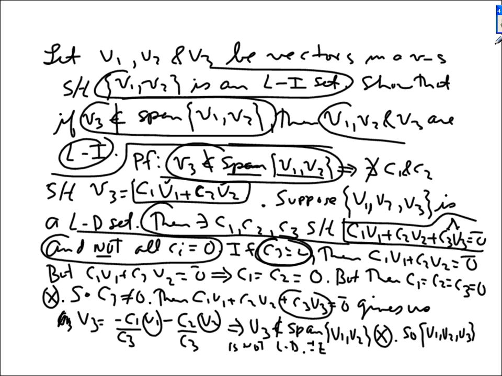That is, V1 to V3 is linearly independent. That is, V1, V2, V3 is linearly independent. The set V1, V2, V3 is certainly linearly independent. And this completes the section on linear independence.